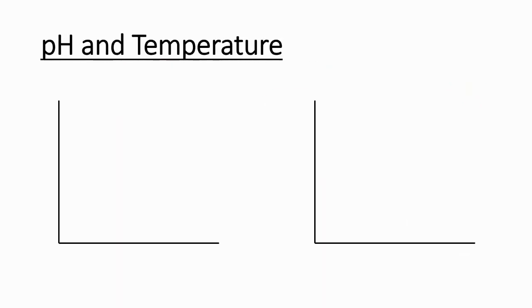Okay, now let's look at what happens when we measure pH and temperature changes. So here, let's say we got the rate of reaction, and we've got pH. Let's say we got the rate of reaction, and we've got the temperature. Here in this experiment you have a bell-shaped curve.